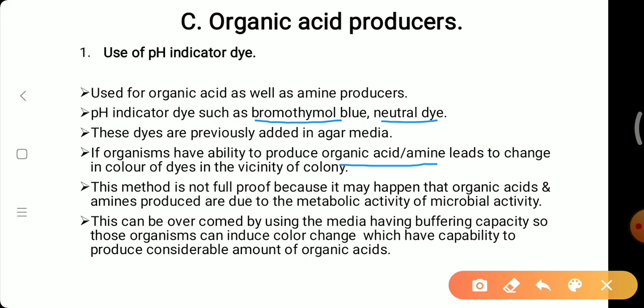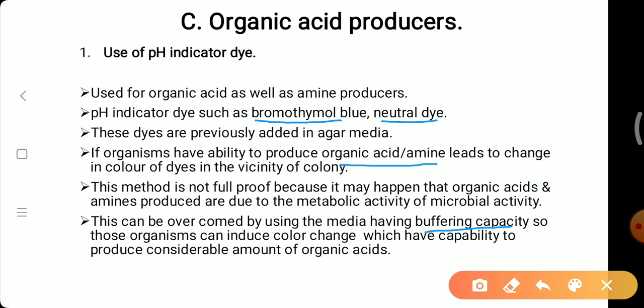This method is not foolproof because it may happen that the organic acid and amine produced are due to the general metabolic activity of microbes. This can be overcome by using media having buffer capacity, so that only those organisms induce color change which have the capability to produce a considerable amount of organic acid.